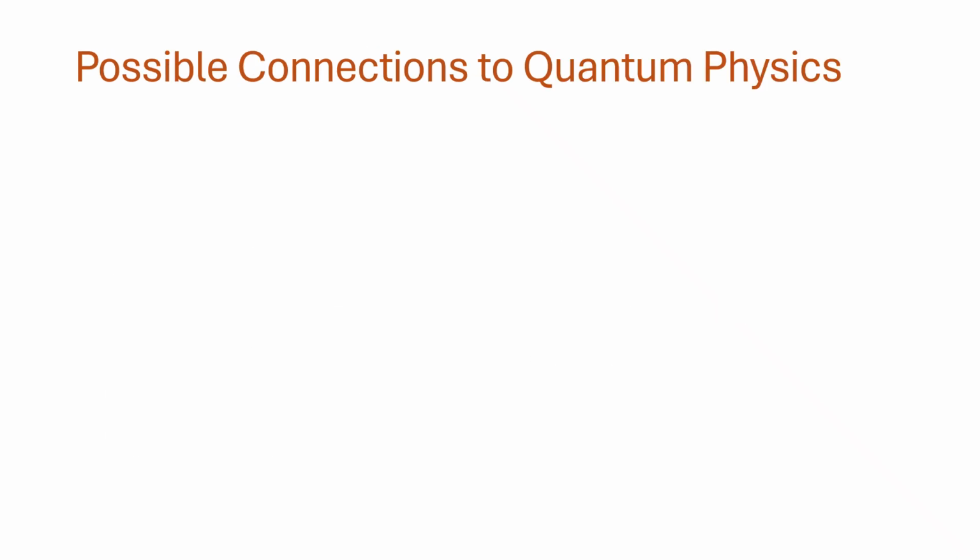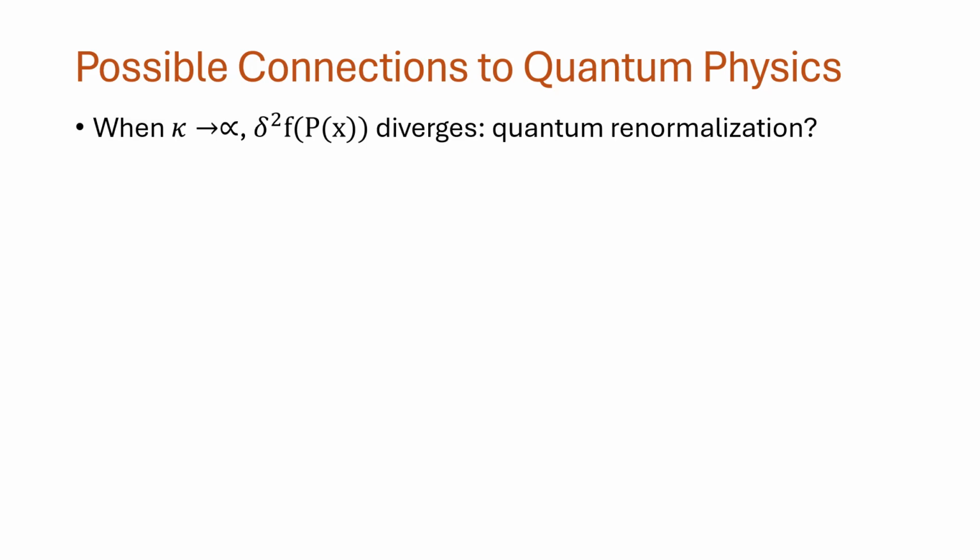Finally, there's something interesting about StatisticalTaylorExpansion. It has a possible connection to quantum physics. We know when kappa goes to infinity, the result variance for a function when it uses precision as input diverges, and doesn't that remind us of quantum normalization, right?